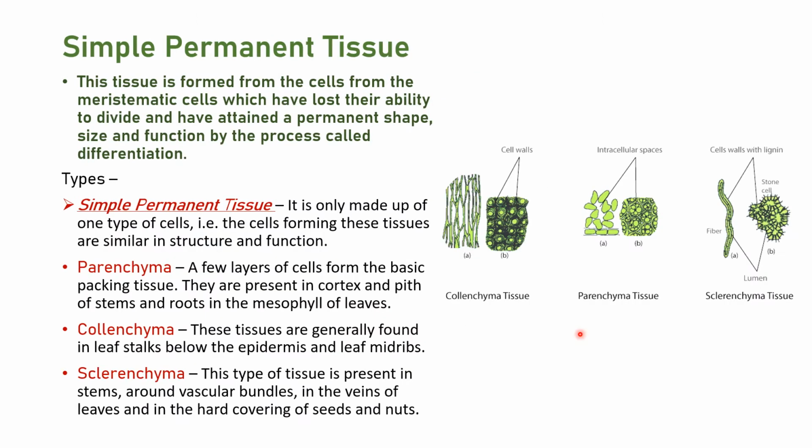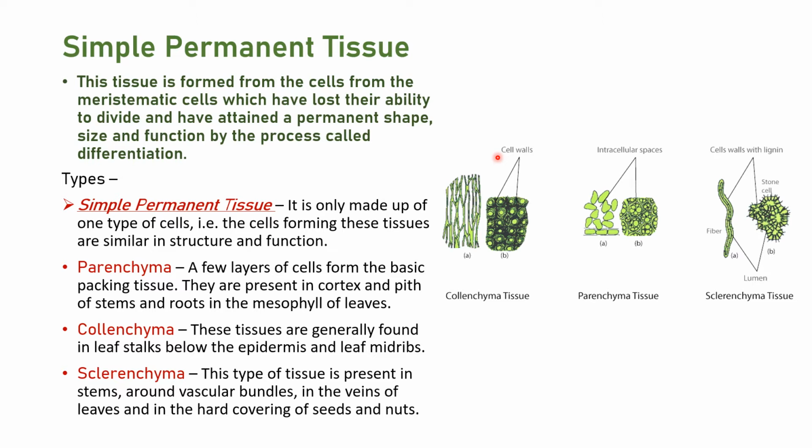Right. Now we have simple permanent tissues. Clear? This tissue is formed from the meristem cells, which have lost their ability to divide and have attained a permanent shape, size and function by the process called differentiation.